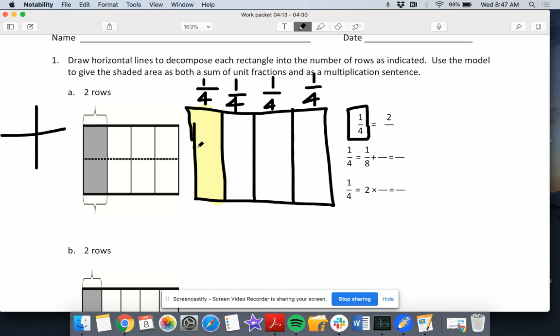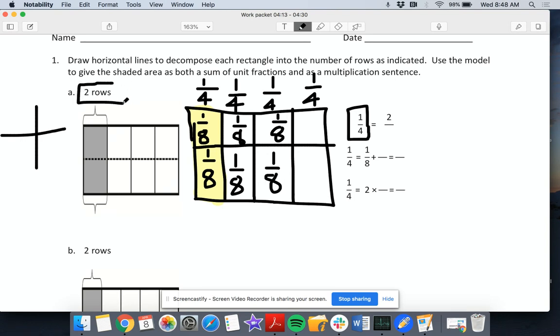So I'm going to go ahead and cut a line down the middle. That's what they did. So now I have 1, 2, 3, 4, 5, 6, 7, 8 boxes. So my unit fraction is going to be 1/8 in all of these boxes. Okay, and it asked us to put 2 rows.